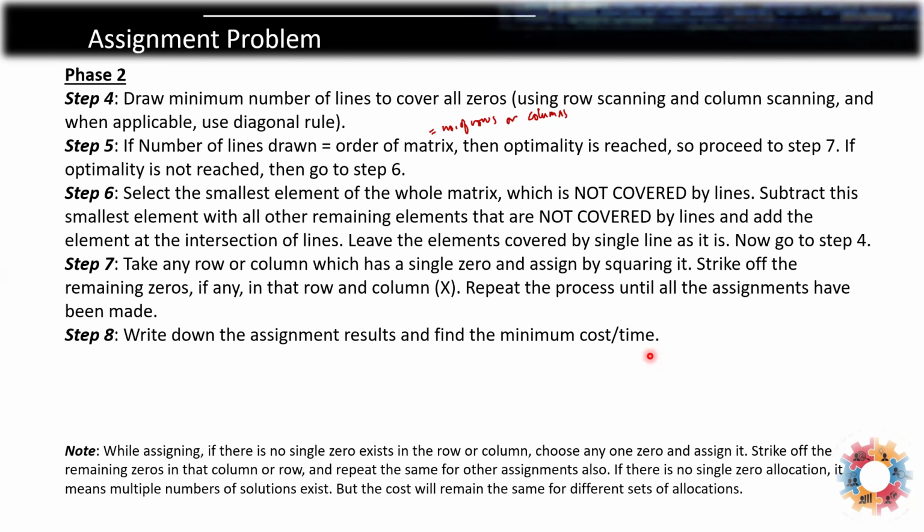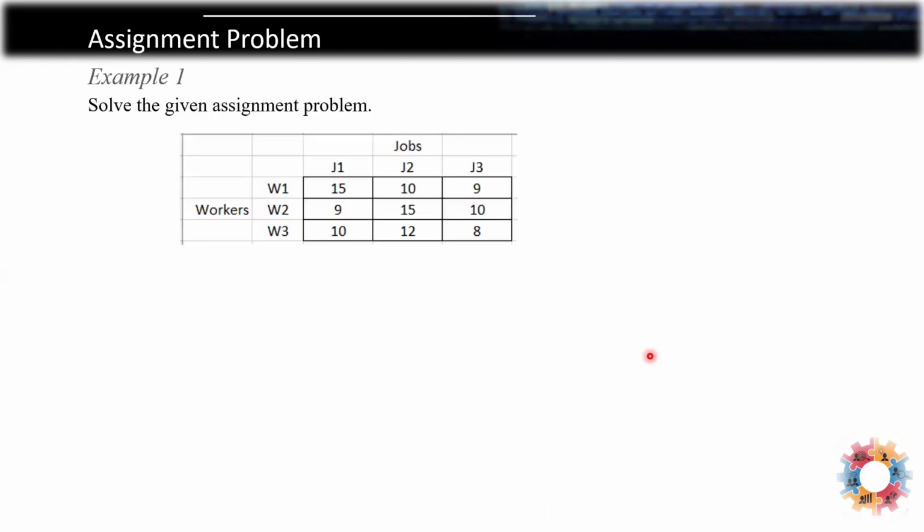Now let's illustrate these steps by using this example. So here is a 3 by 3 matrix, and this is a balanced problem because the number of rows is equal to the number of columns, or in particular, the number of workers to be assigned is equal to the number of jobs.